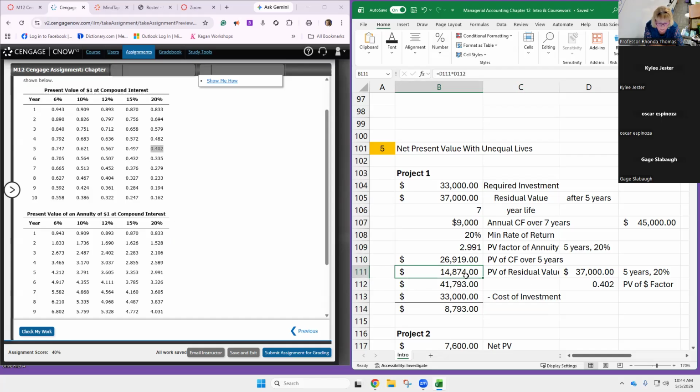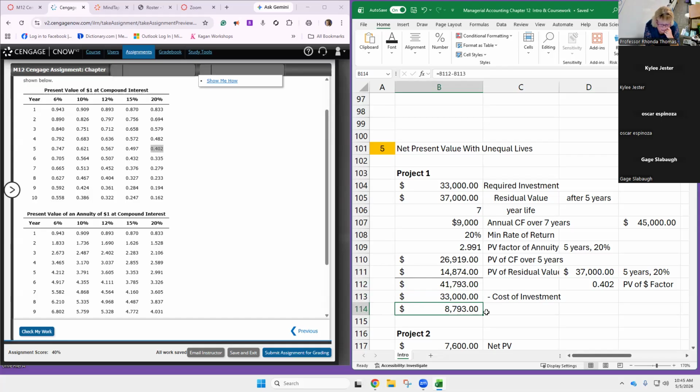Then to find the present value of just the one amount of the sales price, you use the other table that doesn't have the word annuity. So we're looking at 20% at 5, 0.402. There's the factor that I found. I take that times the residual value or the sales price, and that goes right here. These two get added together, and then you subtract the cost of the investment.